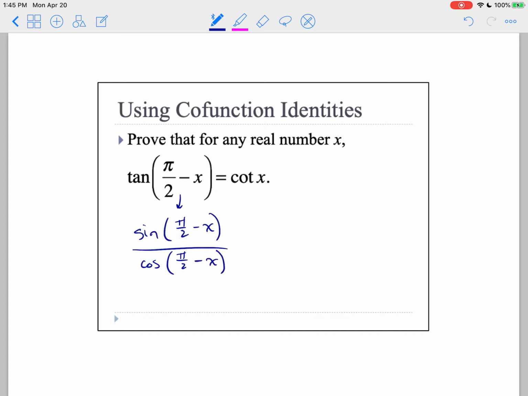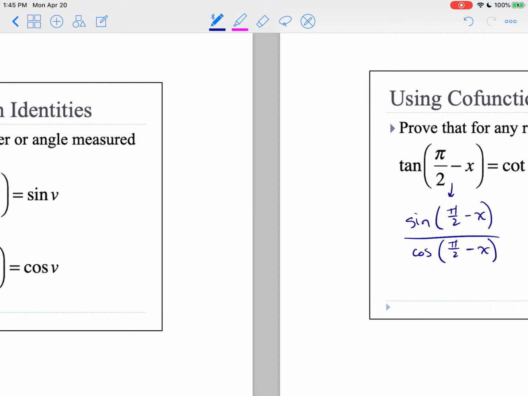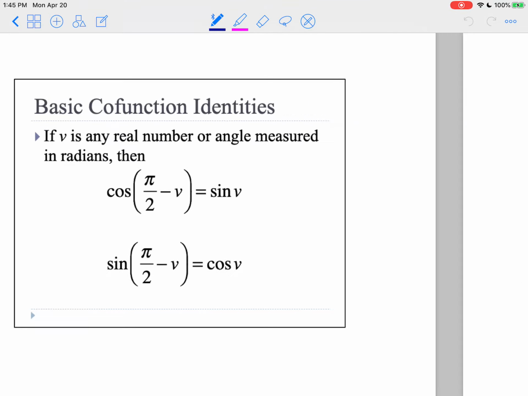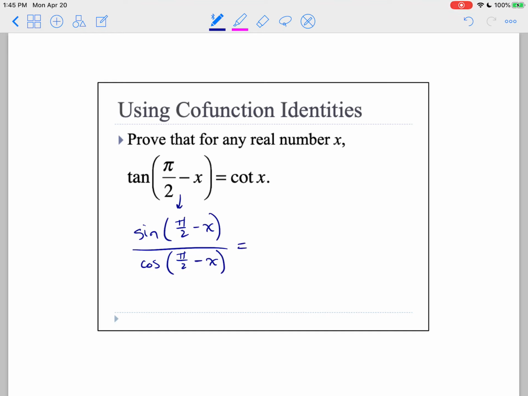Now using the cofunction identities that we just figured out, sine of pi over 2 minus x, that's just cosine of x. And cosine of pi over 2 minus x, that's just sine of x. And then cosine over sine is cotangent of x, and I have proved my identity.